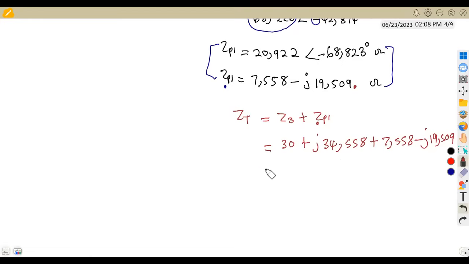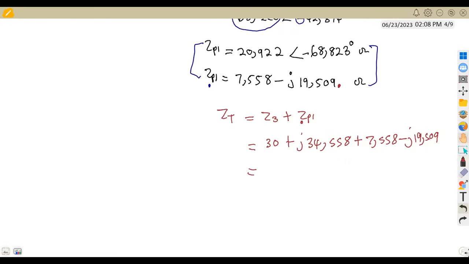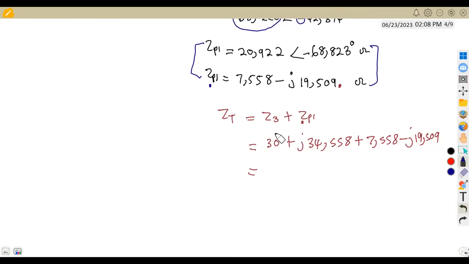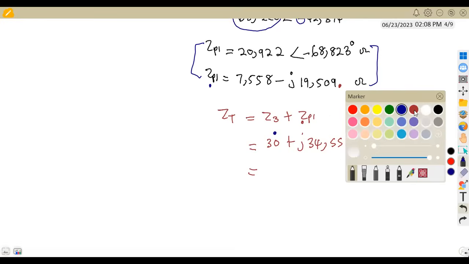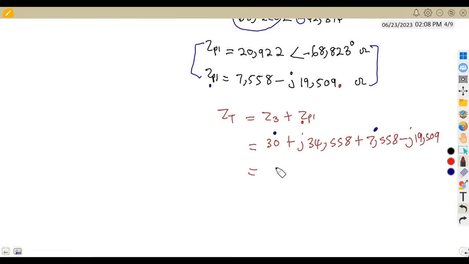19.509. All right. So if we add in rectangular form, like I said, you add the real terms together, meaning to say 30 and 7.558. This is going to give us 37.558. The imaginary part, the part with a j, is combined together.